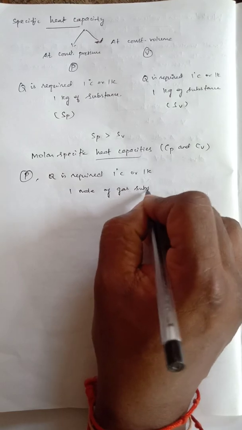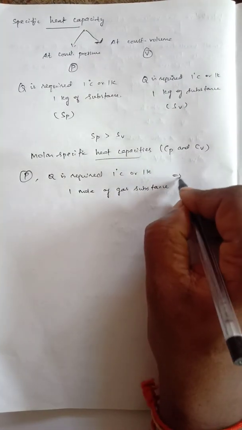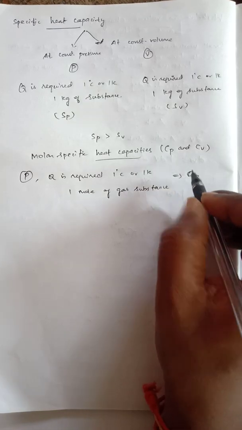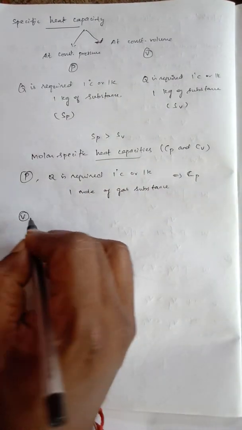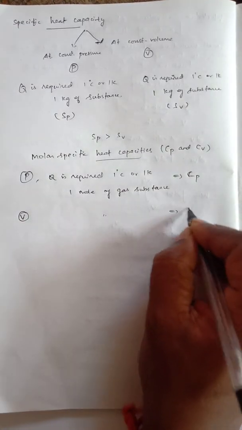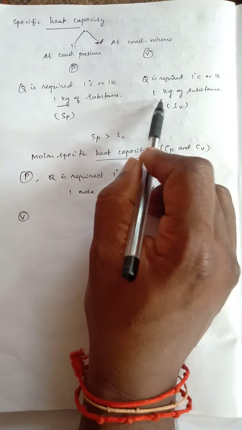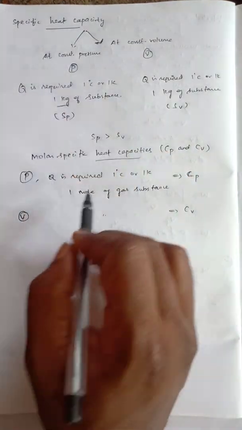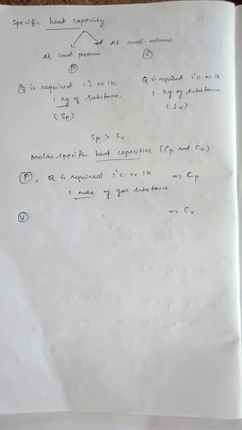This is the meaning of Cp, the molar specific heat capacity. At constant volume, same thing, we write Cv. Here 1 kg means specific heat capacity; here 1 mole means molar specific heat capacity, the only difference.